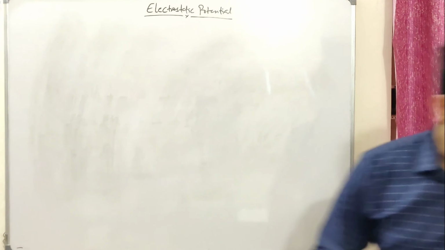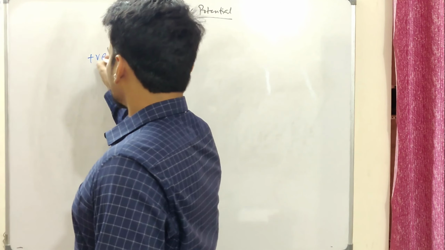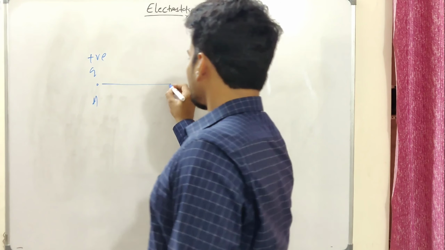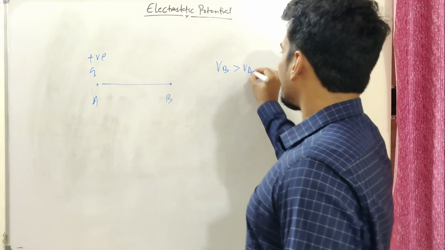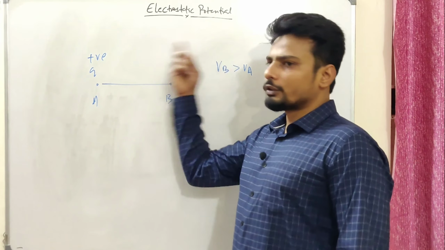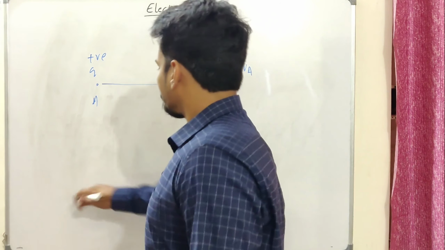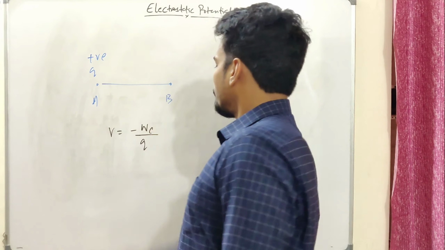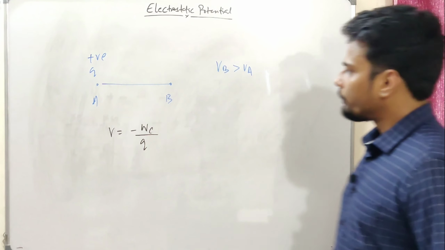Let us quickly see that. Let's suppose a positive charge Q is moved from A to B, assuming that VB is more than VA. VB is more than VA, it clearly means that B is closer to the source of the electric field, right? So what I'm doing over here, we know that potential is nothing but negative of the work done by the conservative force over a charge in moving from one point to another point.